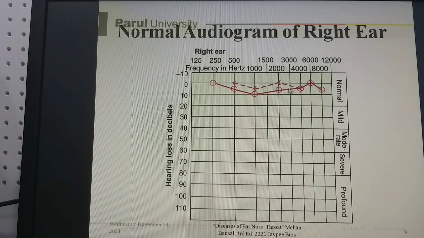As you can see, this graph lies above the level of 25, so this will be the normal audiogram of the right ear. Usually the normal, mild, moderate, severe and profound labels are not shown, but here you can see them. Not in all audiograms will you find these things. If they are mentioned, then it is easy to know the severity of the hearing loss.